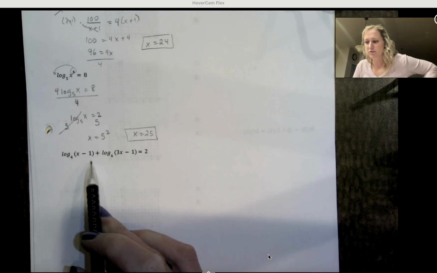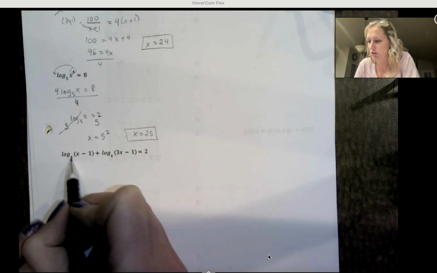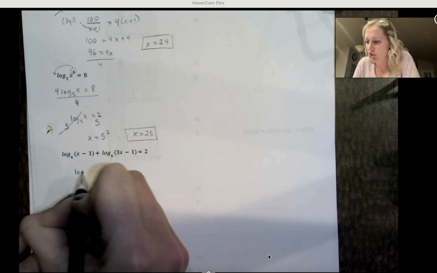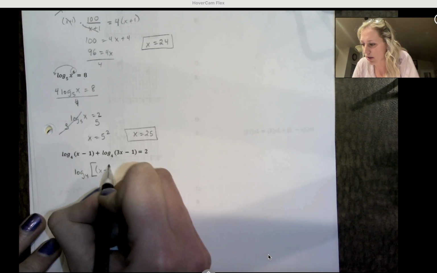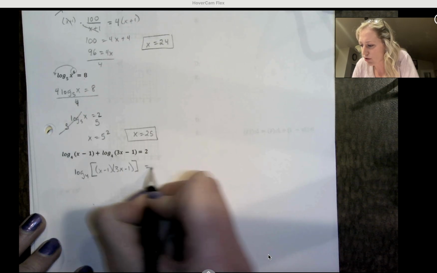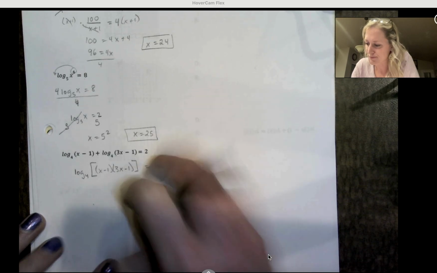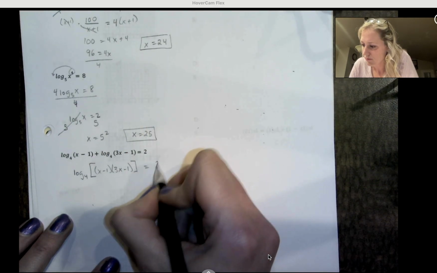Okay, this next one. It's very similar to the first one. I need to condense this first so I have just one log expression. So I have addition, that's going to condense into multiplication. So I've got x minus 1 times 3x minus 1. So I'm going to go ahead and distribute this. Well, actually, let's go ahead and get rid of the log first.